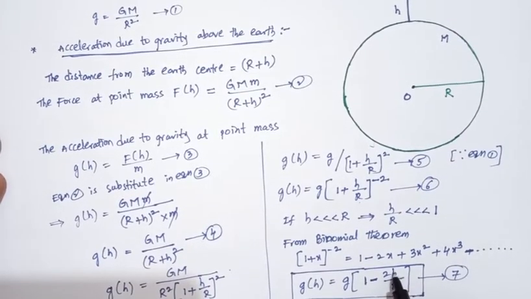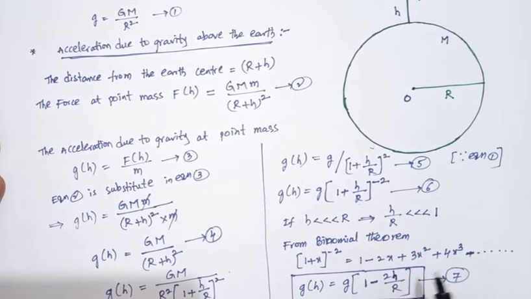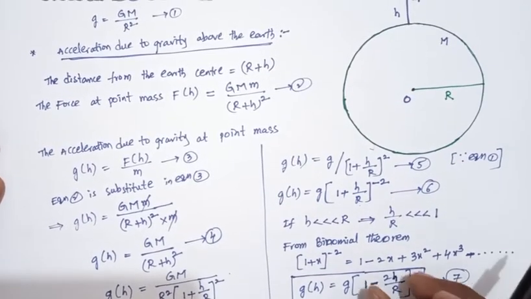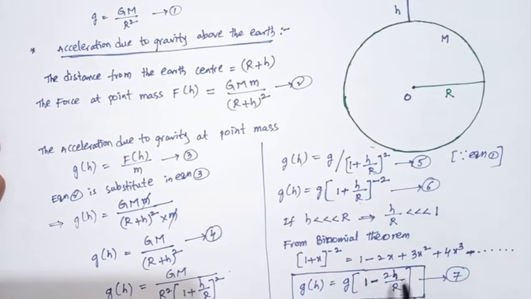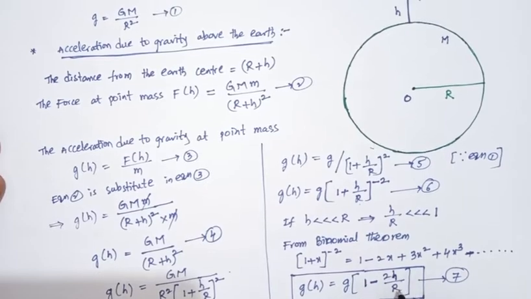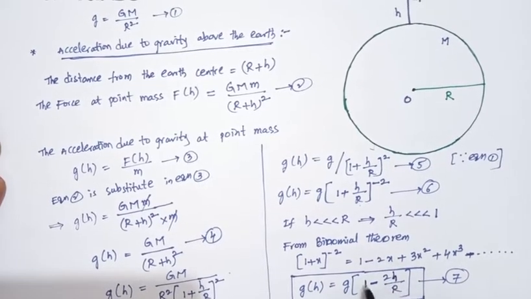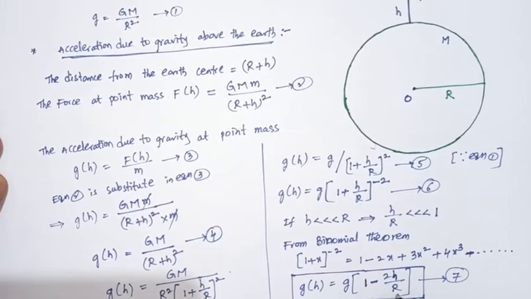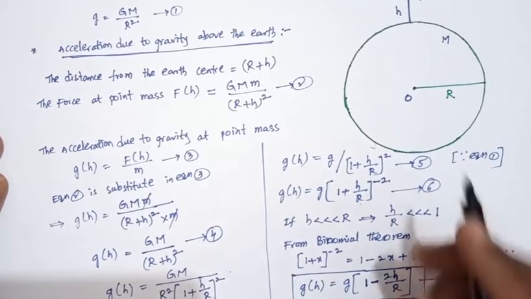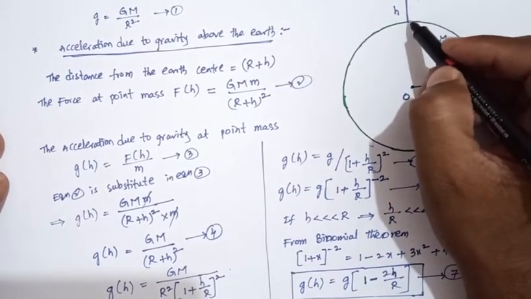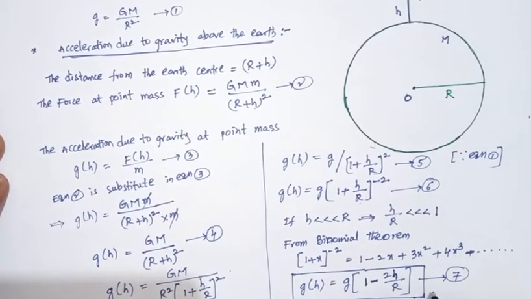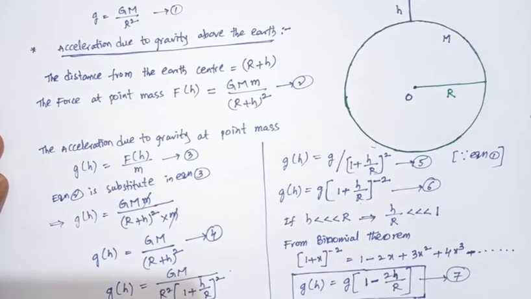So when h increases, the height increases, what happens? The term 1 minus 2h by r decreases. So as we go from the earth surface and the height increases, the acceleration due to gravity decreases.